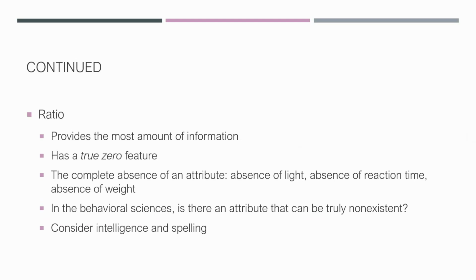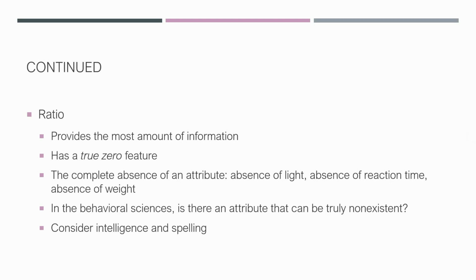And like I've reiterated before, it possesses the characteristics or features of every other level of measurement before this one. It possesses all of the features of the interval scale, the ordinal scale, and the nominal scale.